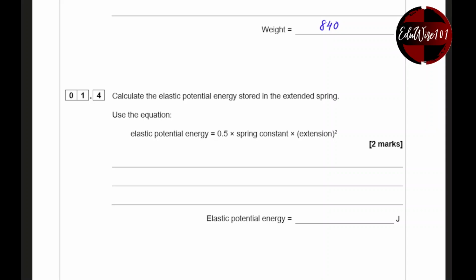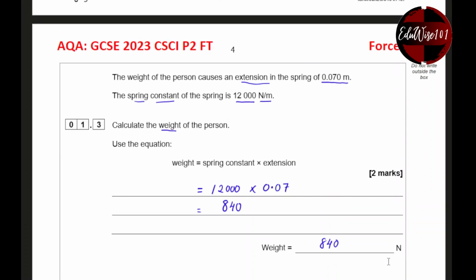Calculate the elastic potential energy in the extended spring. So use the equation: elastic potential energy equals 0.5 multiplied by the spring constant. Again, here you don't have to rearrange the equation. Spring constant, remember, it was 12,500. Is it 12,500 or 12,000? 12,000.